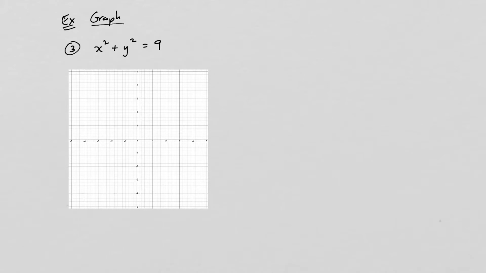Now, this one here is actually a really simple thing to graph, but sometimes people get complicated when things are overly simplified. So we have x squared plus y squared equals 9. And I just want you to notice that this is the same equation as x minus 0 squared plus y minus 0 squared is equal to 9, which you can actually write as 3 squared.